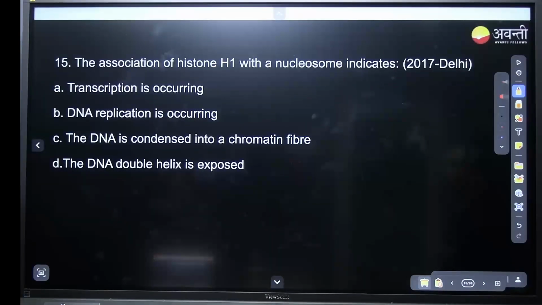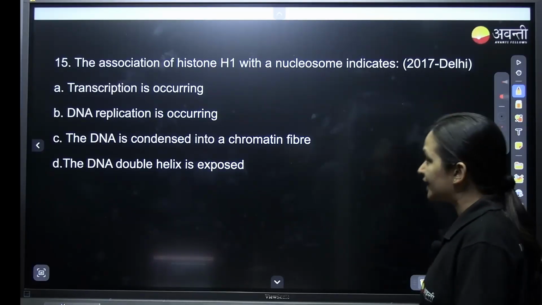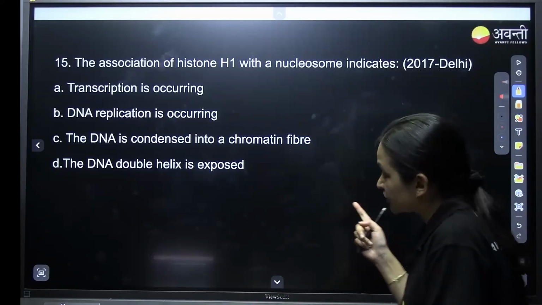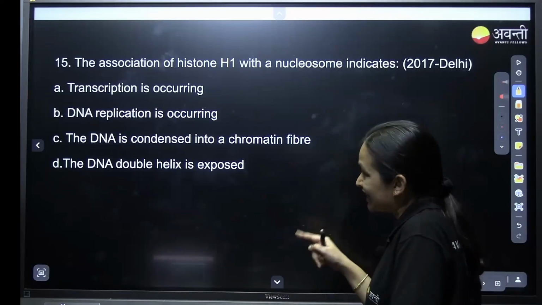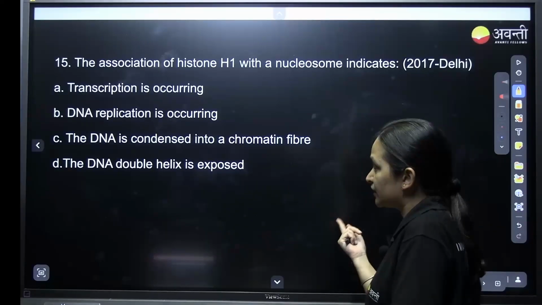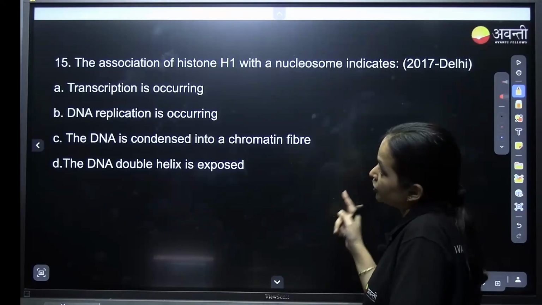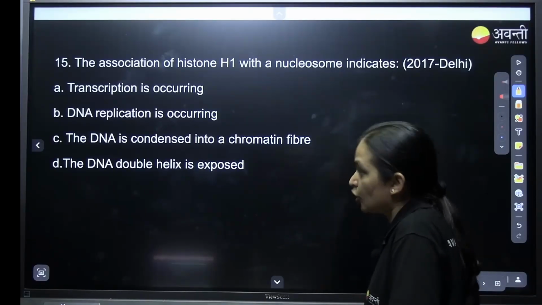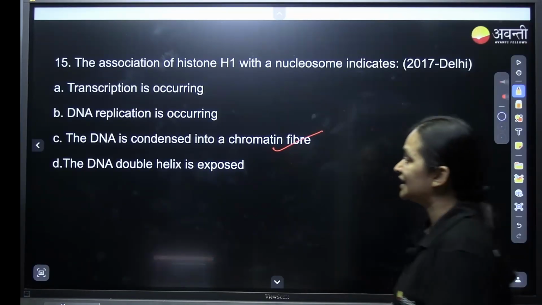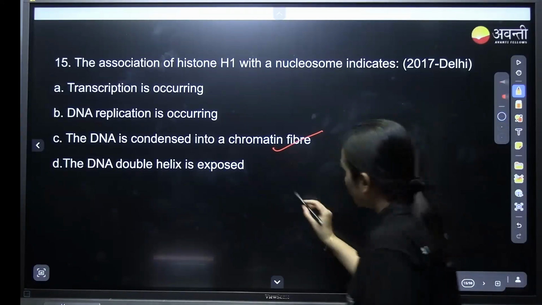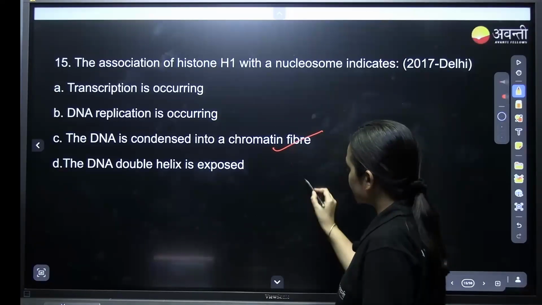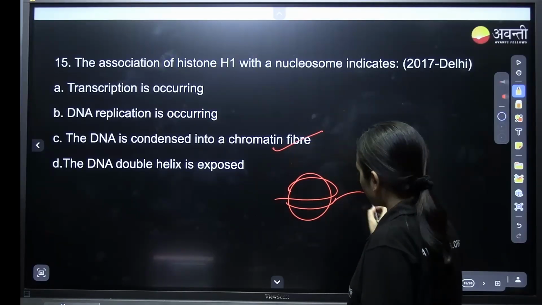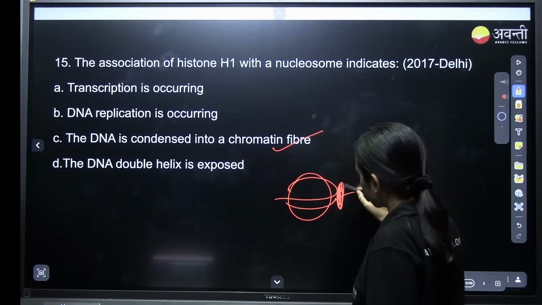The association of histone H1 with the nucleosome indicates: transcription is occurring, DNA replication is occurring, the DNA is condensed to a chromatin fiber, DNA double helix is exposed. Option C, very good, this is the correct answer. The DNA is condensed to form a chromatin fiber, which means DNA is wrapping around the octamer and this H1 is sealing the wrapping.